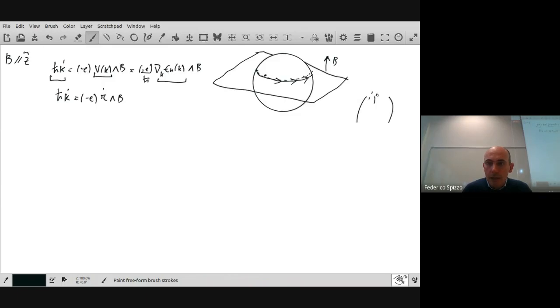So we have i, j, k, then the three components of the vector are r prime x, r prime y, and r prime z, and then we have 0, 0, B, that is the applied magnetic field vector.